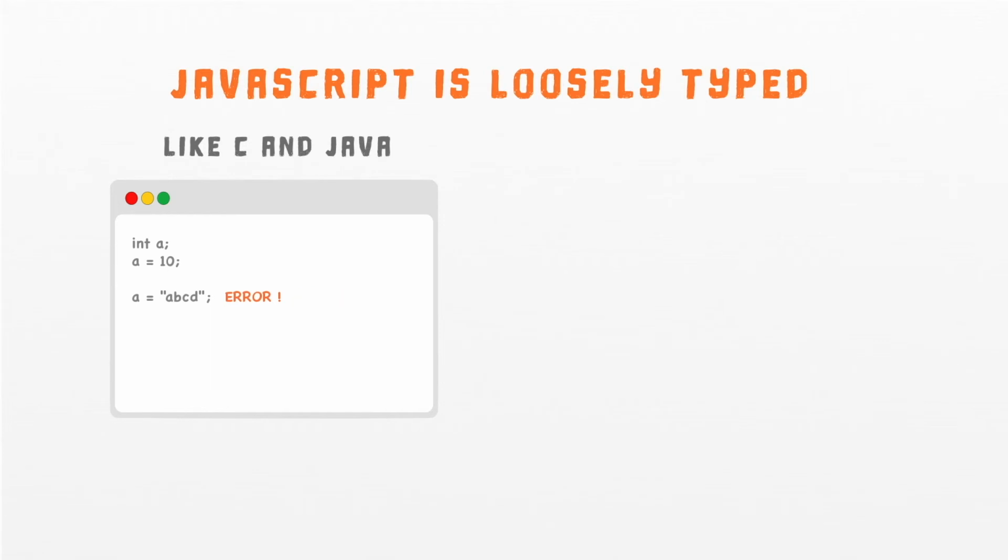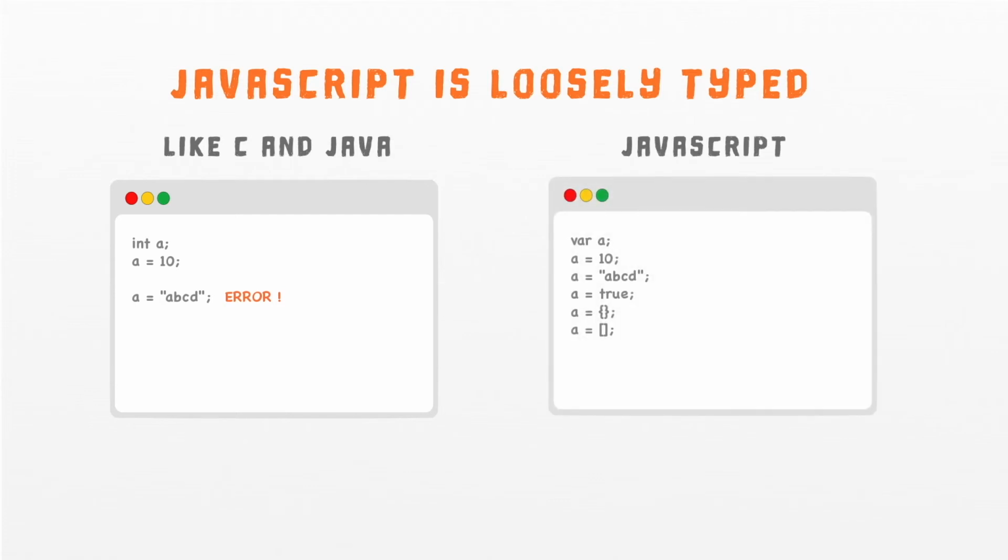Okay? And now let's see how JavaScript behaves in this scenario. So I have declared a variable named a. Initially I've assigned this variable the integer 10, and it didn't throw any errors. And after this, I've assigned the same variable a string, and even now it didn't throw any errors.